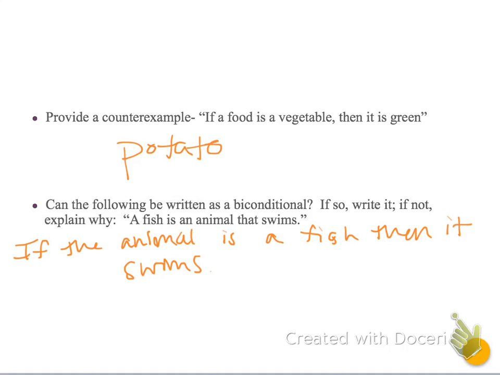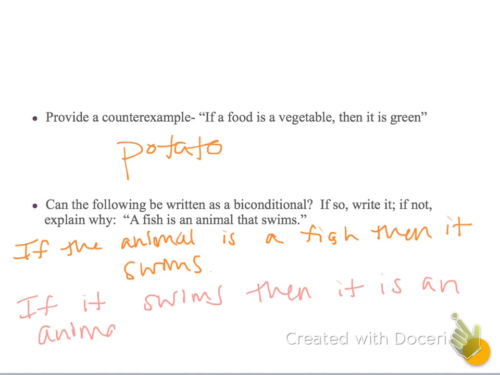So now we need to write the converse and see if both ways are true for it to be a biconditional. So the converse would be, if it swims, then it is an animal that is a fish. Okay, so are both ways true?